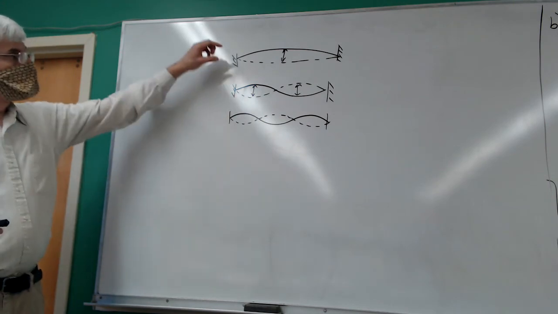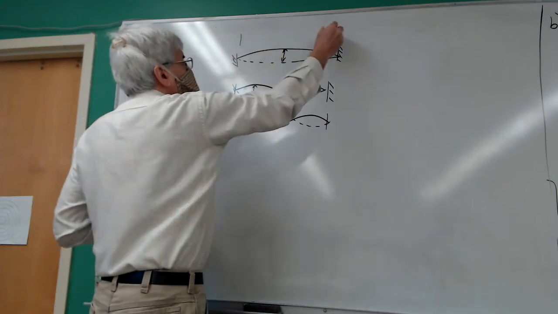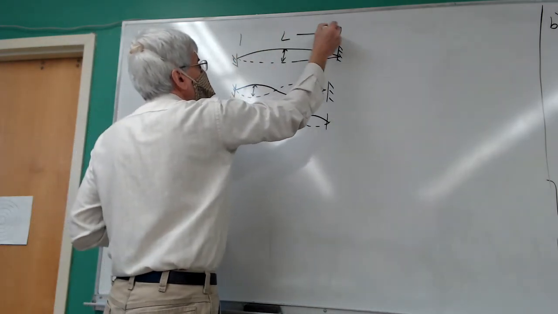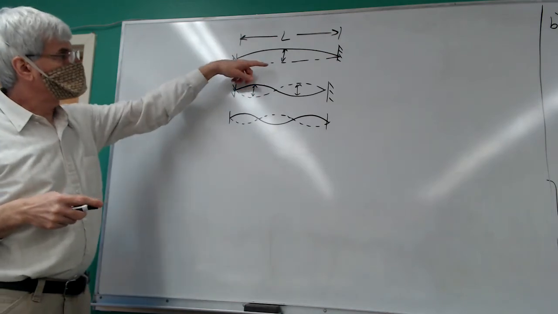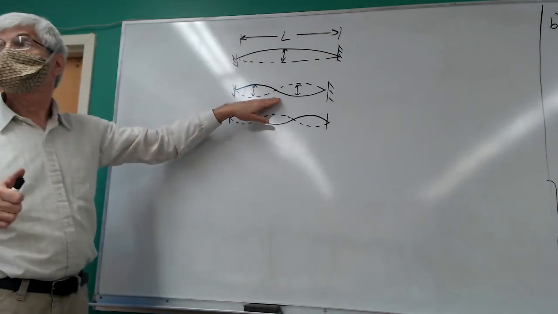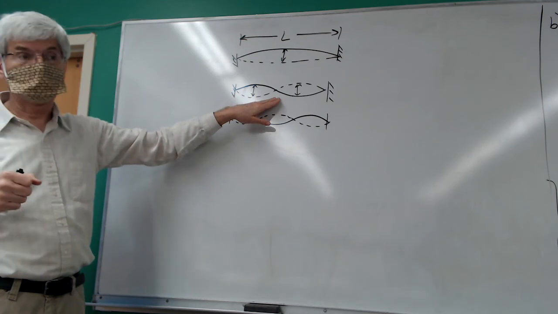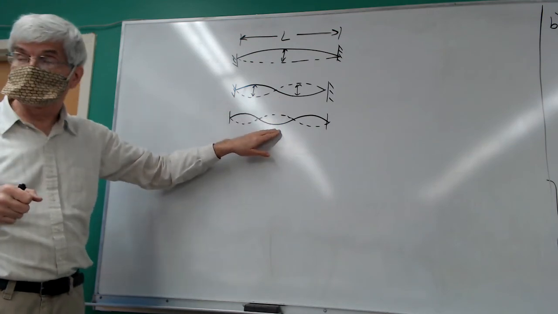A node is required at each end, and we'll throw a couple others in between, and so on and so on. Here, the length, maybe L for length. Here, the length of the string is half a wavelength. Here, the length of the string is 1 wavelength. Here, the length of the string is 1.5 wavelengths.